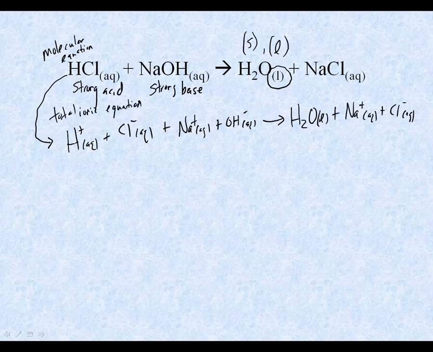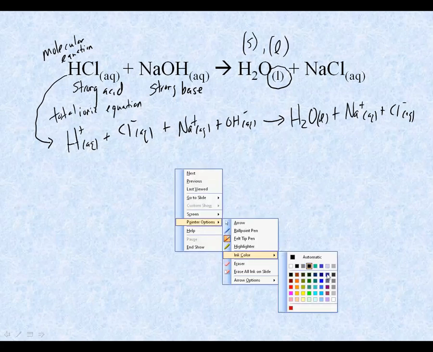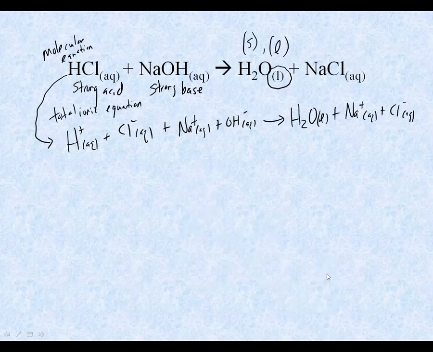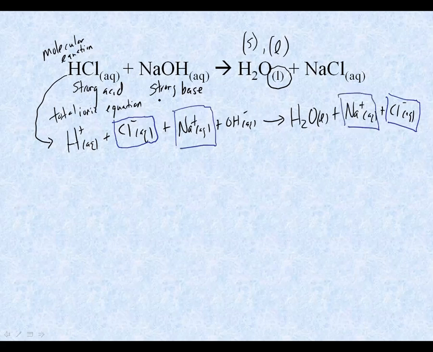And just like we did previously, we can look on both sides of that equation and find some ions that look exactly the same. In this particular case, we have Cl minus on both sides, looking exactly the same. We have sodium on both sides, looking exactly the same. And these would be our spectator ions.